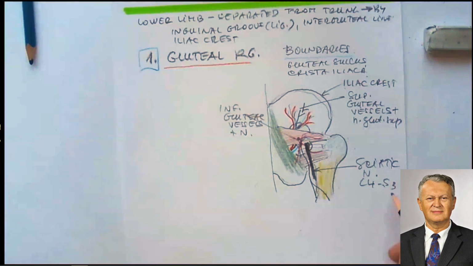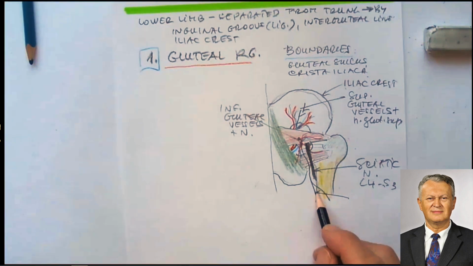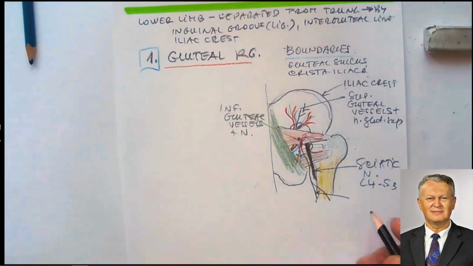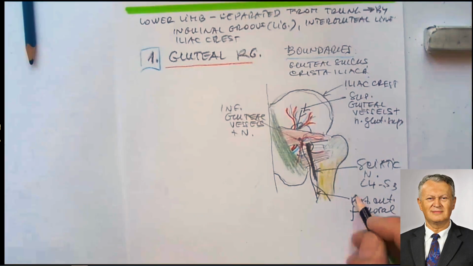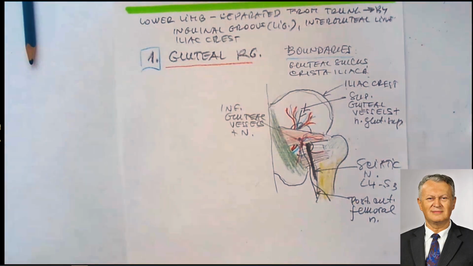With these big nerves, we have to remember, to learn also the segmentation. And here is the posterior cutaneous femoral nerve. I mean that these abbreviations are well known, because we use these abbreviations also in the topography of the upper extremity.